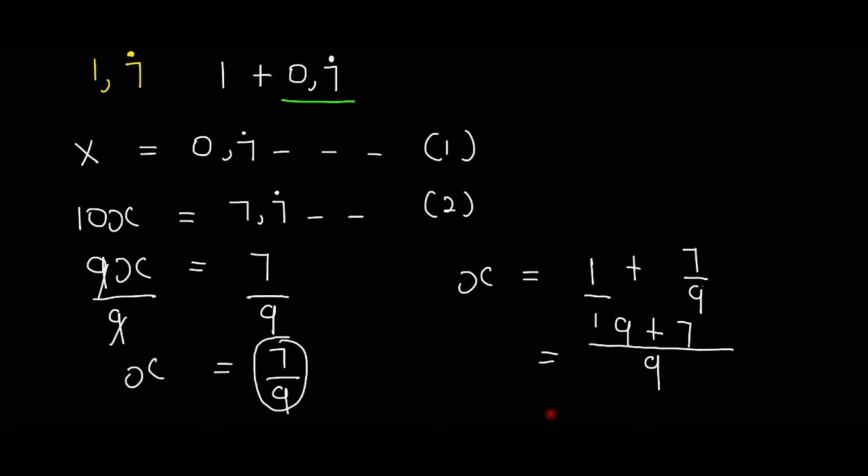So this is just simple maths in grade 8. So now you have 9 plus 7, which is just 16/9, and this is your answer.